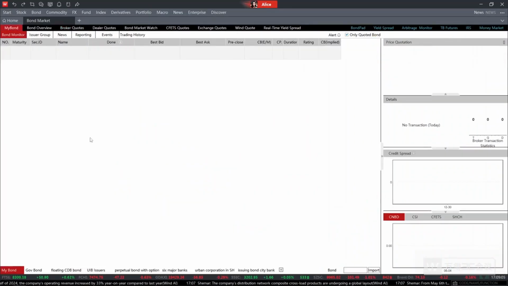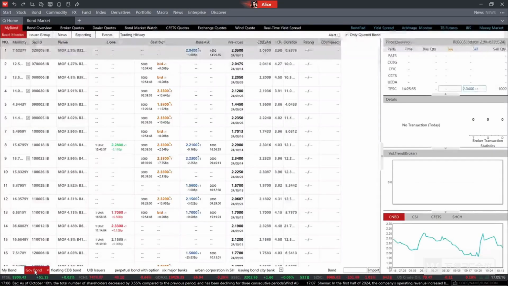Then we can see there are several columns over here. At the bottom, I've already created several columns for you. Take the government bond for example. Once I click over here, you can see I have already added several government bonds. When you want to add a different bond, you can just add the bond as you want over here.